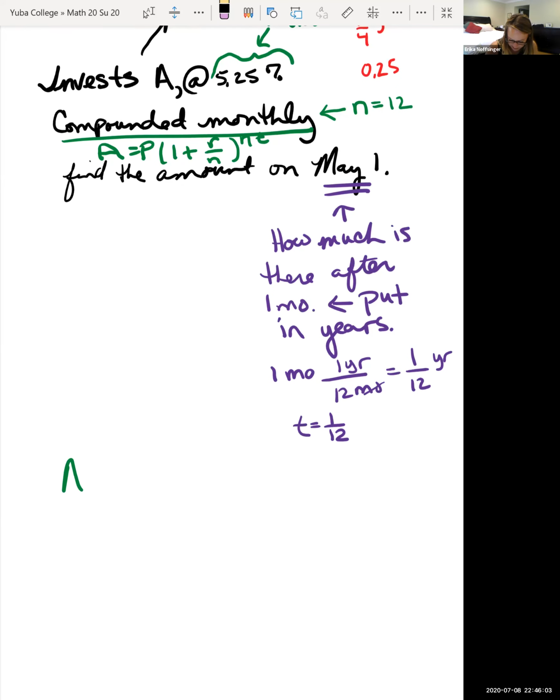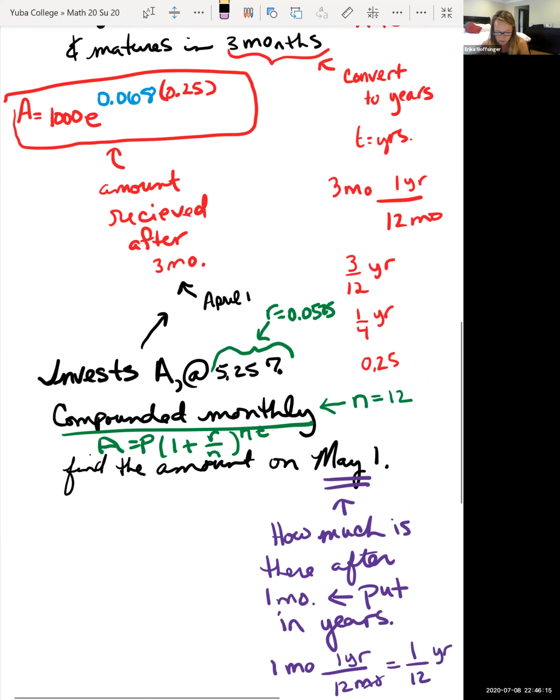So our amount is equal to our principal, which I didn't simplify. I'm just going to put it in here as what our principal was up here.